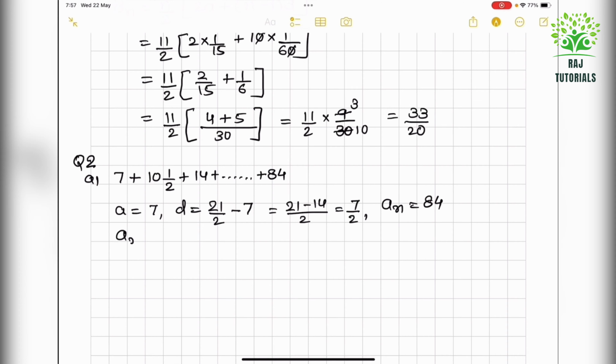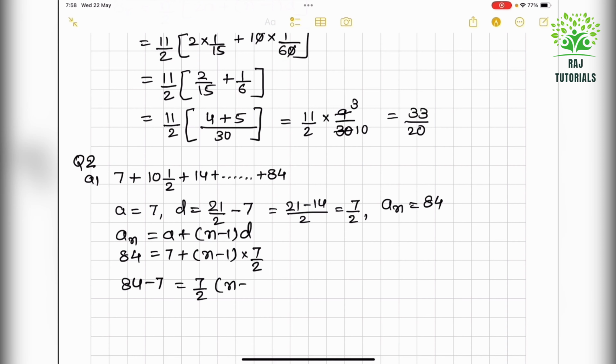So I have to use the formula an equal to a plus n minus 1 d. So a will be 7 plus n minus 1, n I don't know. Here an is 84 into d is 7 by 2. So 84 minus 7 equal to 7 by 2 into n minus 1.